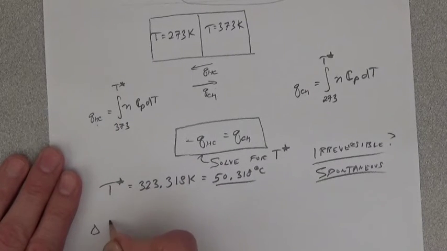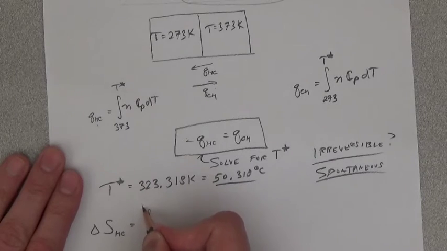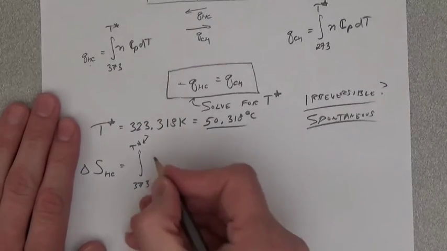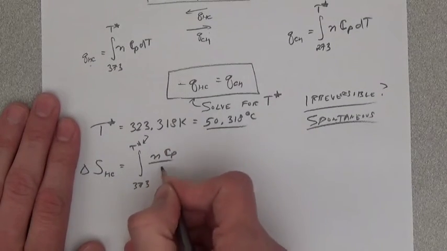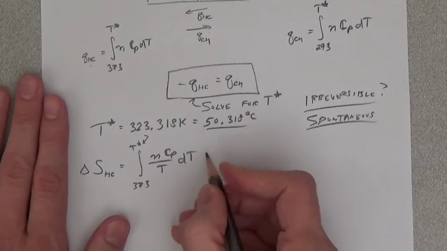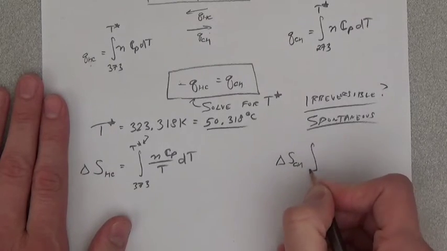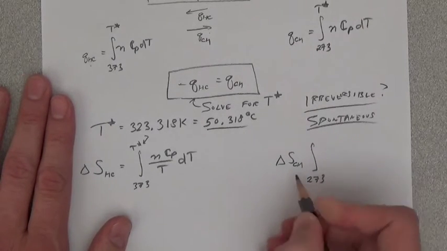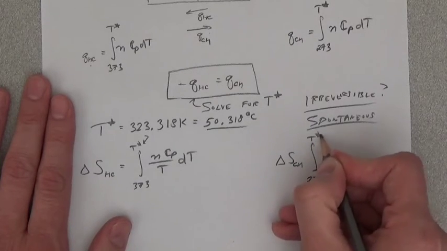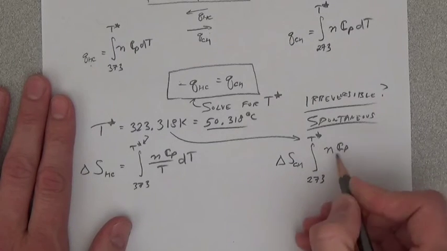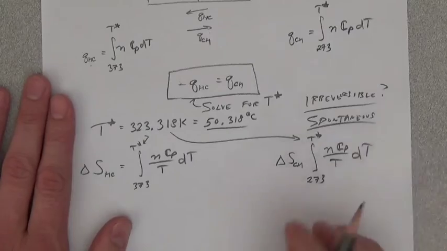So we get delta S HC is equal to the integral from 373 to T star, and I'll just substitute in for that, n Cp over T dT, and delta S CH is the integral from 273, because it's the cool side, to T star, again substituting in T star, n Cp over T dT.